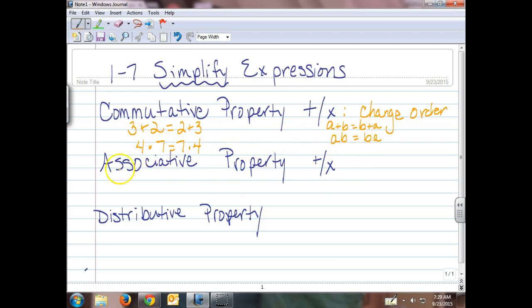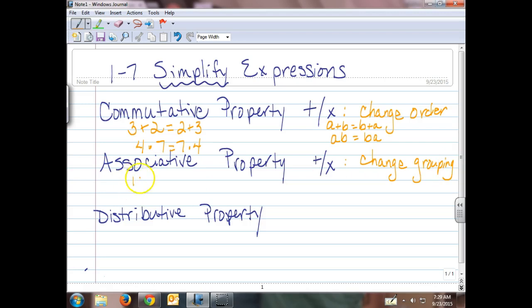Associative property. The people who you associate with are your group of friends. And so the associative property says we can change grouping. And we do this all the time when we are doing mental math.